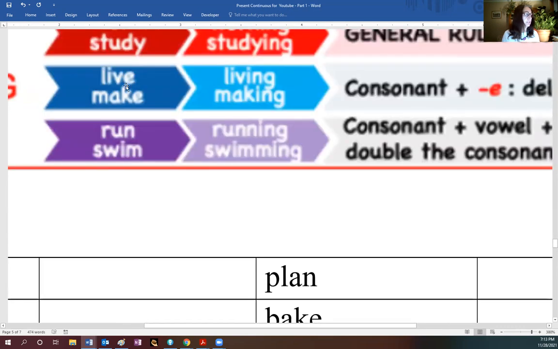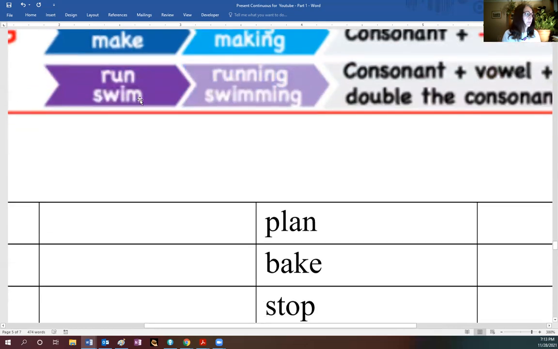You see, you have an e at the end, but when you add ing, no more e here. So you drop the e, delete it, erase it, name it however you want. You don't need the e here, and then you add ing. Make, drop e, delete e, add ing. Live, living. Make, making. So this happens when you have an e at the end of the verb.